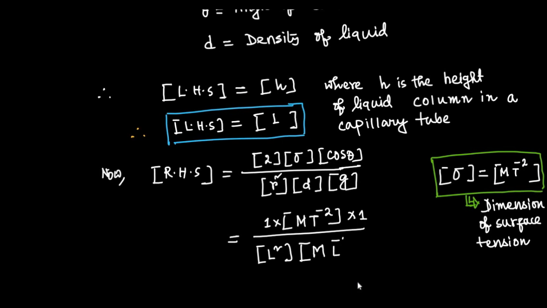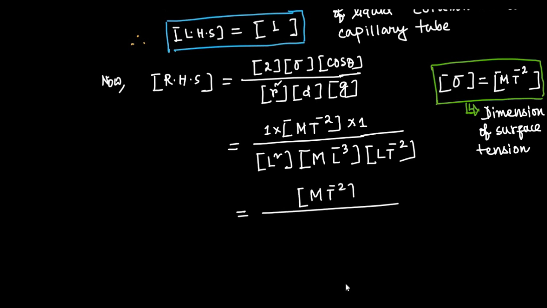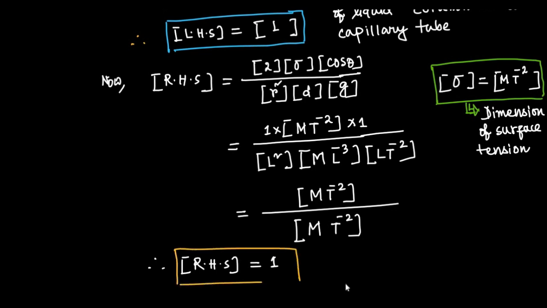Dimension of density is ML to the power minus 3, and dimension of g is LT to the power minus 2, which gives MT to the power minus 2 divided by MT to the power minus 2. So finally we get dimension of RHS as equal to 1.